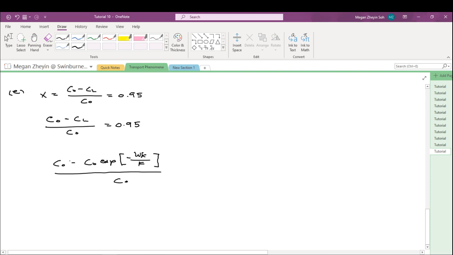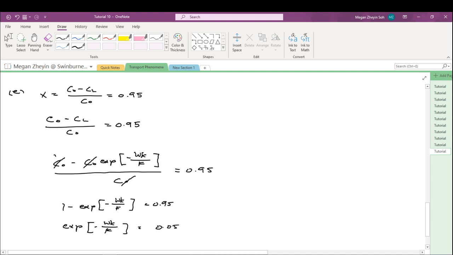So this is a factor: this one becomes 1, and this one cancels off. So we get 1 minus exp of negative Wk over F equals 0.95. Rearranging, the exponent of negative Wk over F is equal to 0.05.